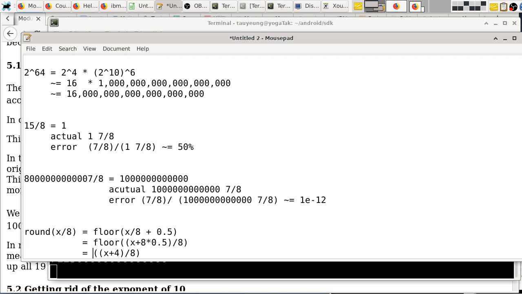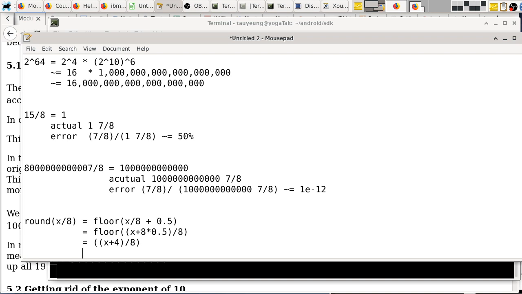And somebody is going to say, but division is long, division is time consuming. What do we do about this? Yep, we just say x plus 4, dirt cheap, and the other way around, right shift by 3.